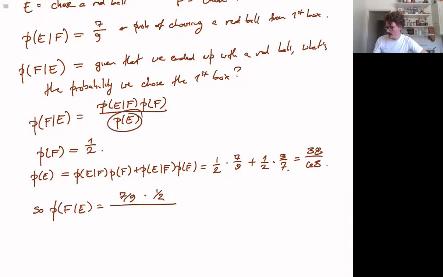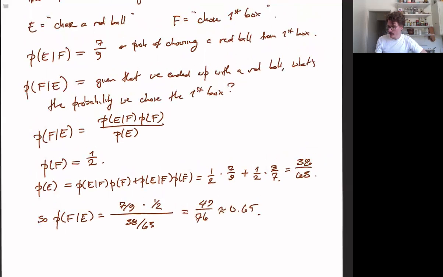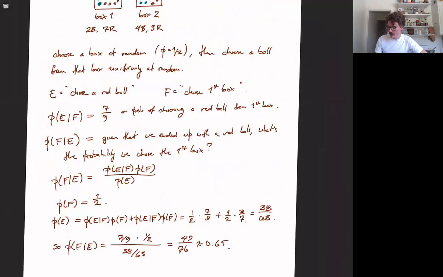And this thing is 38/63. And in total, this gives us 49 divided by 76, which is about 0.65, just if we want to get an idea of how big this is. So 65% chance.